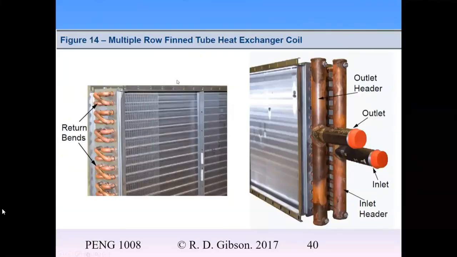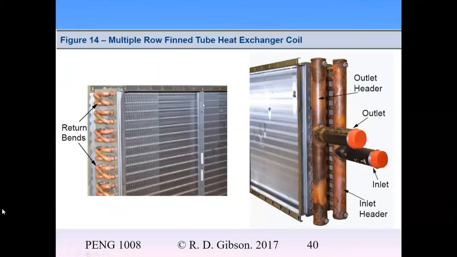Okay. So we may go one step further than that, and we may go to creating a heat exchanger that has several tubes, several passes, and we add in fins across all of those tubes.